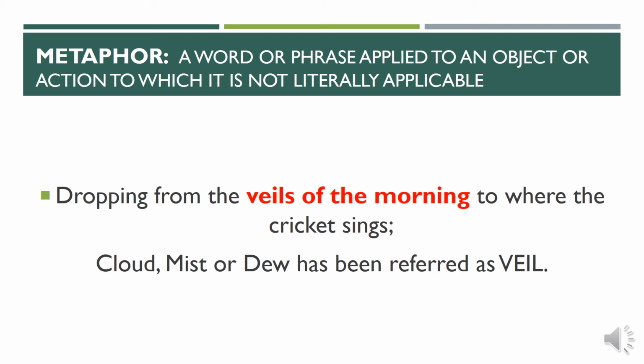Okay, so here I have highlighted veils of the morning. So the veil here is actually the poet talking about the mist or dew or cloud that is becoming the hindrance. You are not able to see far because of that cloud, mist or dew.